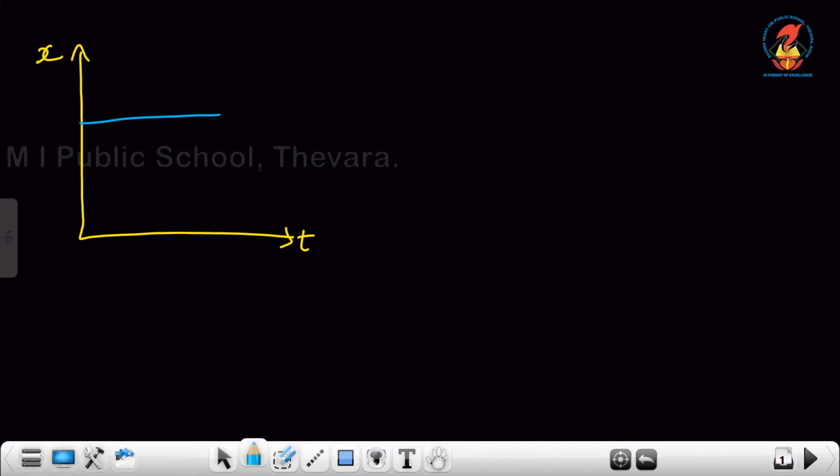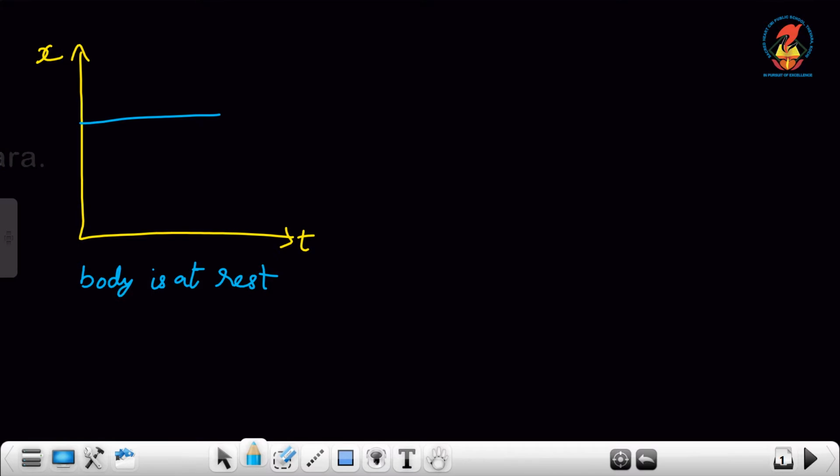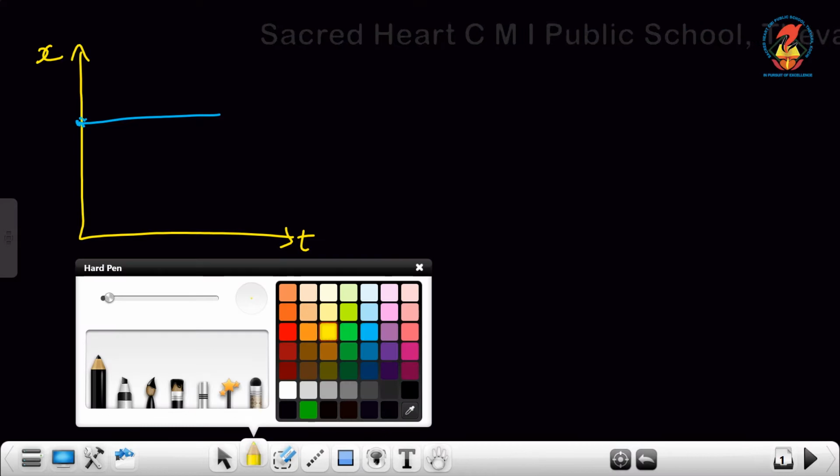What does this mean? It means that the body is at rest. That means here the position is remaining stationary. The time is going forward, but the position is having one and only one value, this one. Body is at rest. Now, second graph.